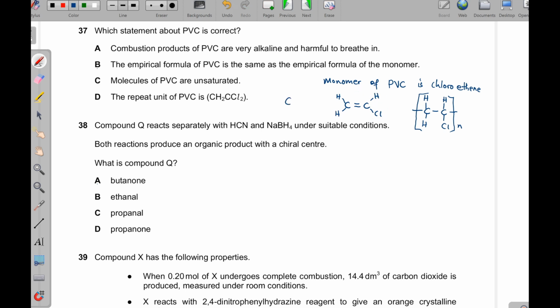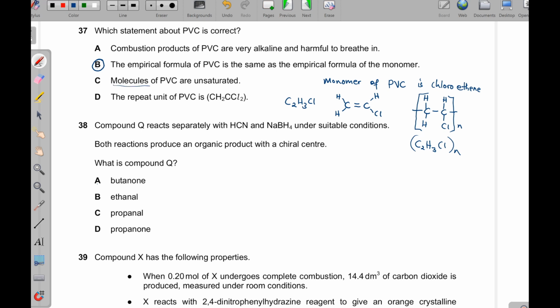You have C2H3Cl, okay? Even here, you have C2H3Cl times n. It can be 100, it can be what? But again, to simplify it, we shall divide through by that n off. You see that? So implying that the empirical formula is going to be the same. That means the answer is B here.